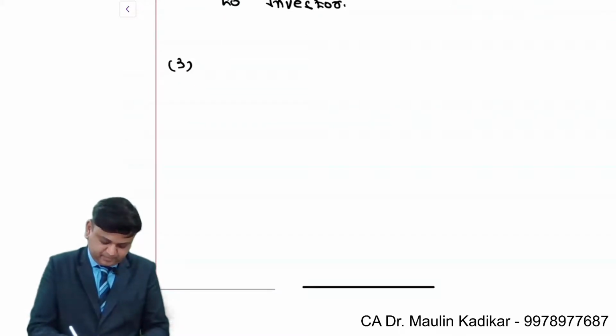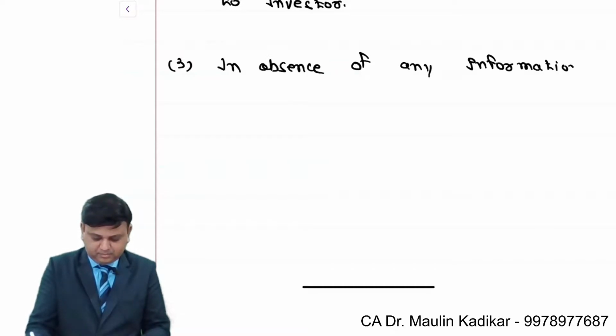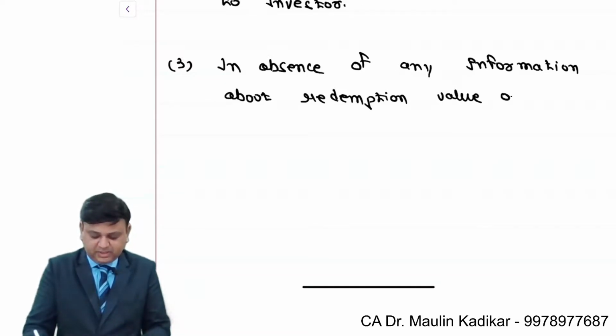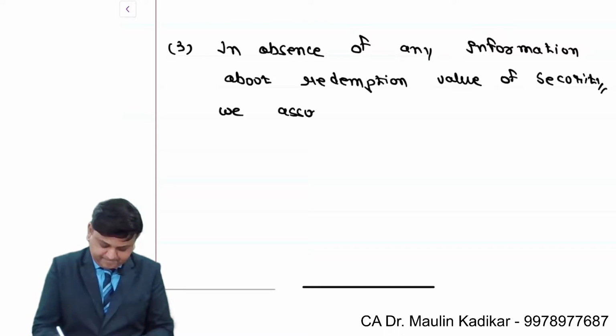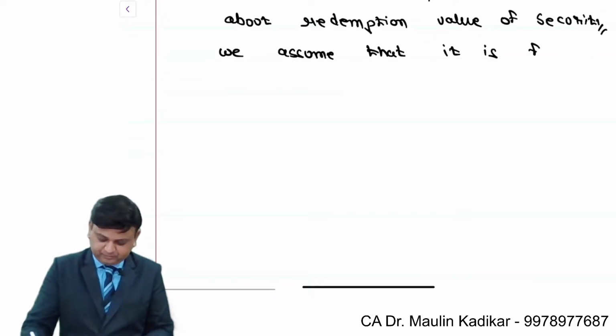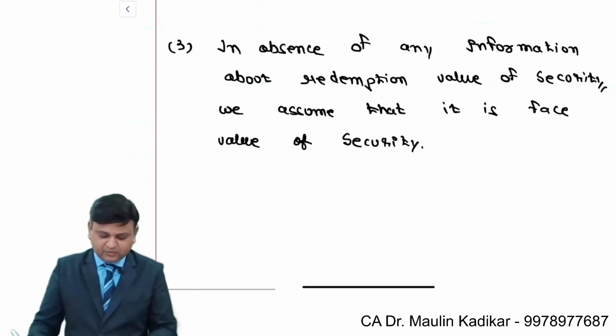Third point: in absence of any information about the redemption value of the security, we assume that it is the face value of the security. Full stop.